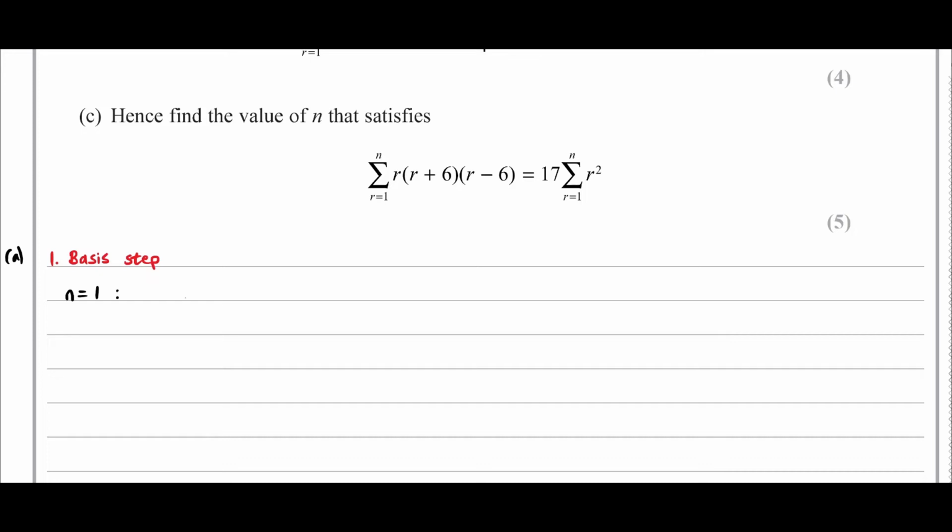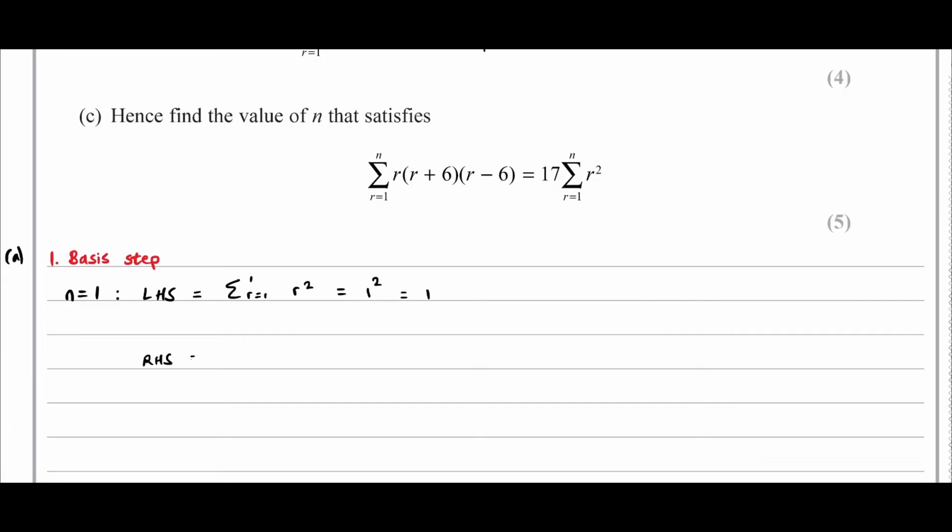And when n equals 1, our left hand side, we have the sum from r equals 1 to 1 of r squared. That would simply be 1 squared, which is 1.